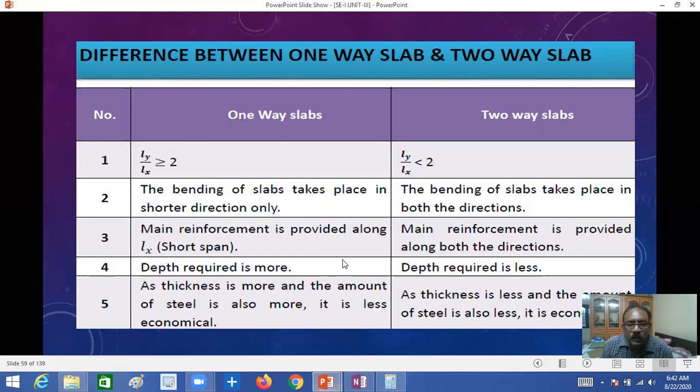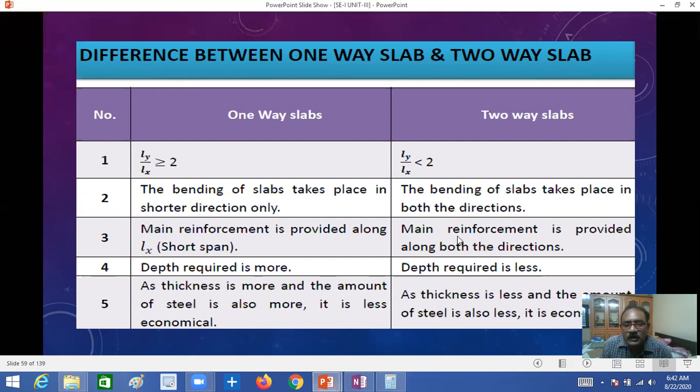As the thickness is more, the amount of steel is also more. As you know, 0.12% is the minimum reinforcement for high yield strength steel, and 0.15% is for mild steel. That minimum steel we will also provide. Whenever thickness is more, that dominates the minimum percentage of steel. That's why in a one-way slab the reinforcement required is more, and in a two-way slab less steel is required, and it is economical also.